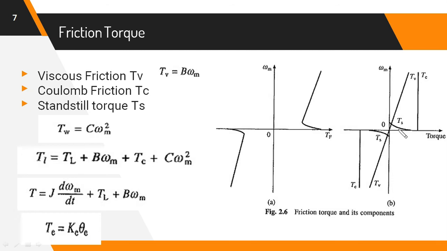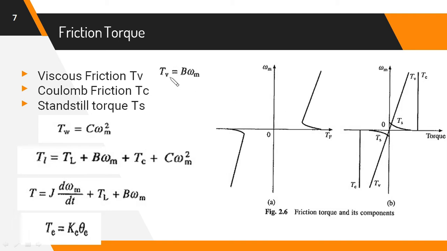It is not taken into account during the dynamic calculation because it is present only during the starting. Only during the starting, from here to here, the torque is present, and that is due to the standstill condition. Because suppose a traction load is there and the train is at standstill, we have to work so hard, therefore a standstill torque is present.